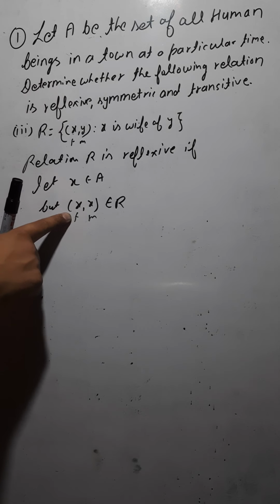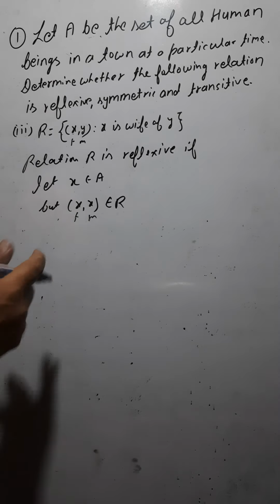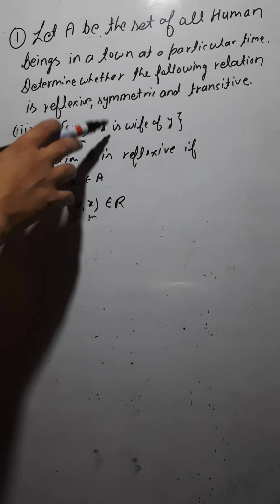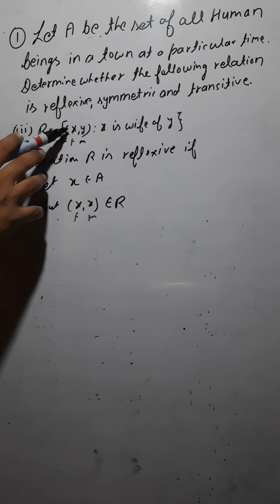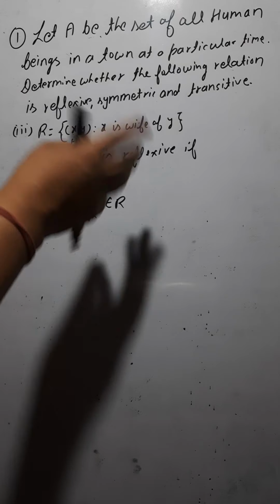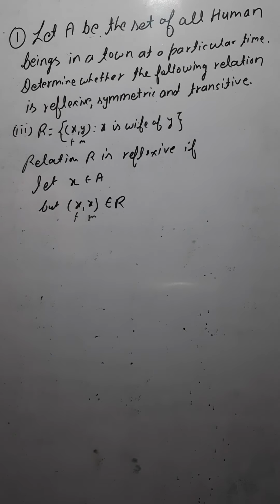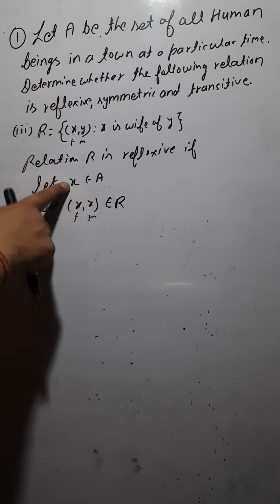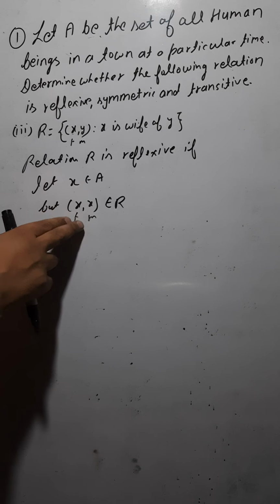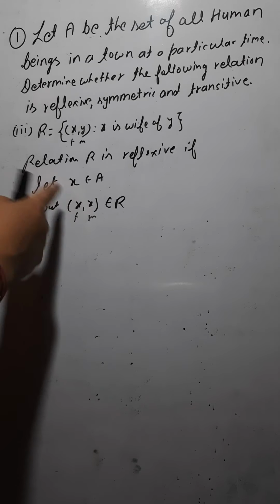So how can it be possible that x is wife of x? Is this possible? The relation is defined as the first one is the wife of the second one. For the relation to be reflexive, we would need all the doublets to be in the relation. So let's say we take an element x that belongs to A. Now its doublet is not there in R. x cannot be the wife of x.